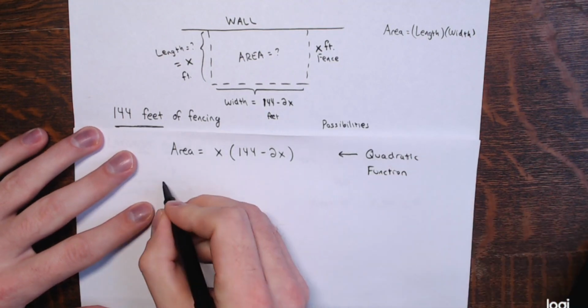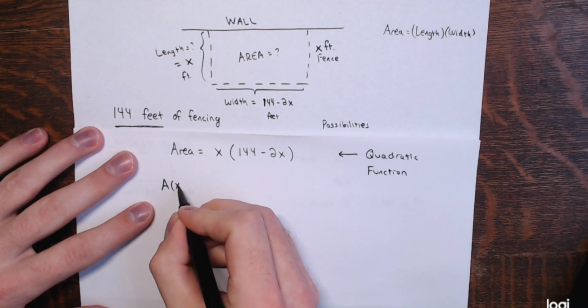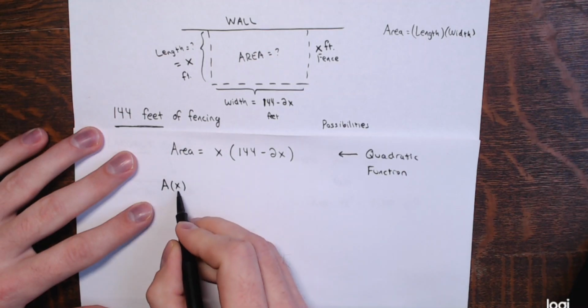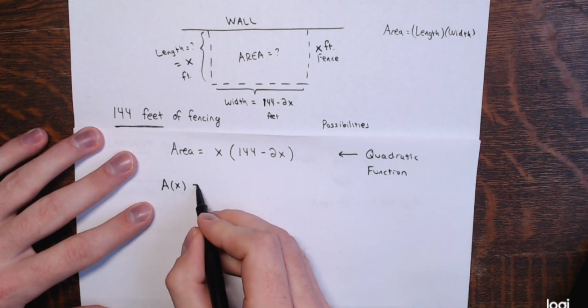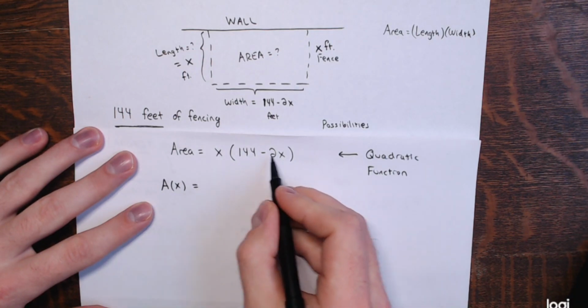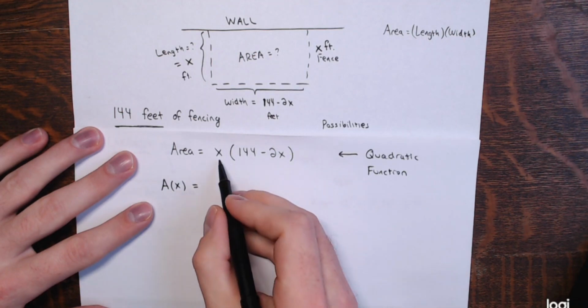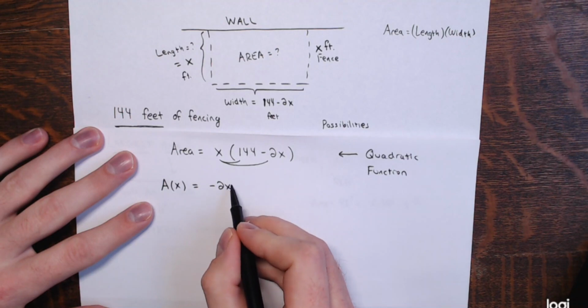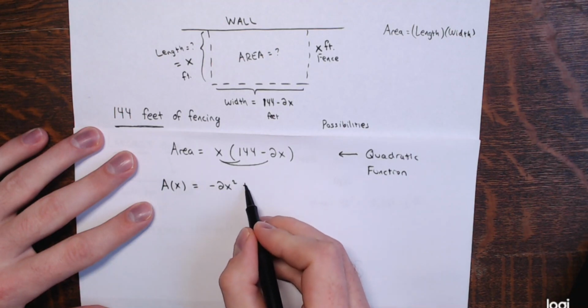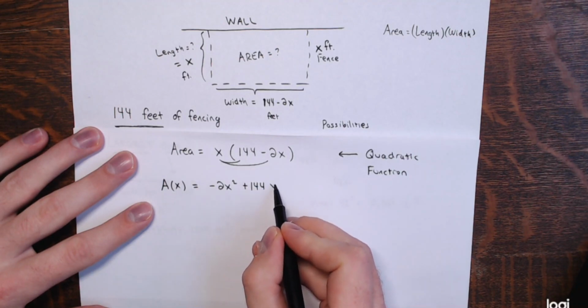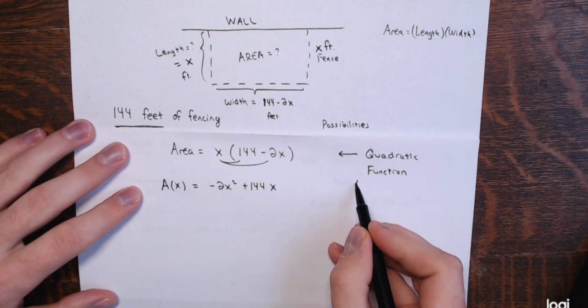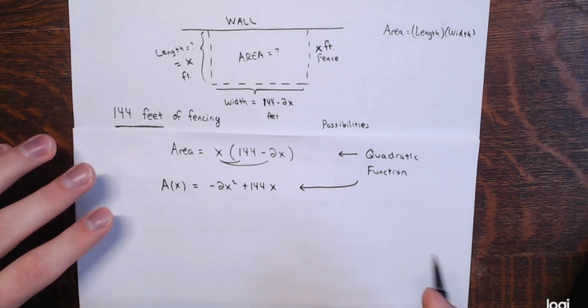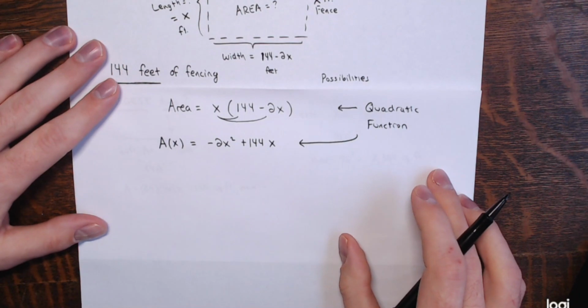I'll call it A of x, the area of the rectangle with this length x. And if you distribute x here, we can put this in general form, putting the highest power term first. That'd be negative 2x squared first, and then plus 144x. So you see, it's definitely a quadratic function, ax squared plus bx plus c.